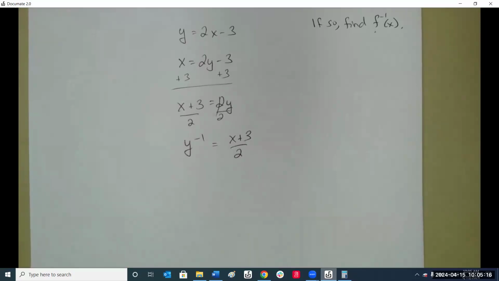Now I'm going to show you another way of checking if the inverse is a true 1-to-1 function using composite functions.